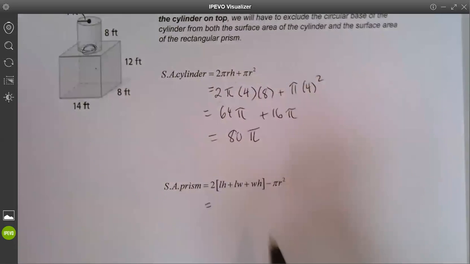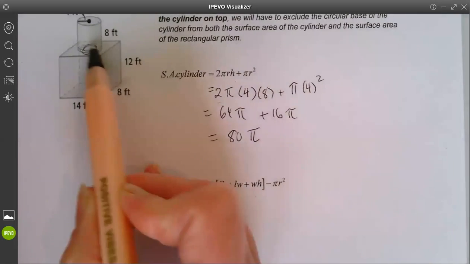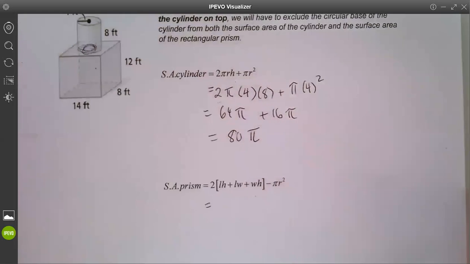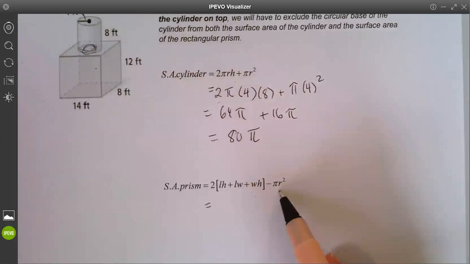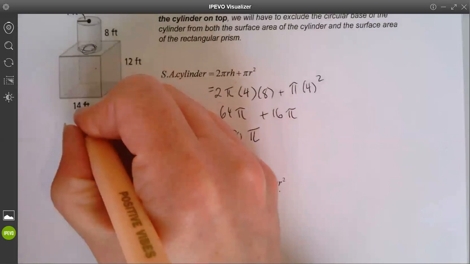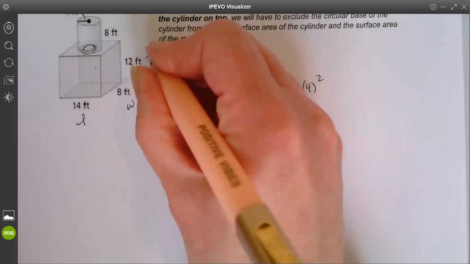Now, down below, I've already started with our formula. This is the formula here for the surface area of a rectangular prism. But what we need to do is we have to subtract this circular face where the two shapes meet up, which is just a circle, pi r squared. Okay, so this is our length, our width, and our height.